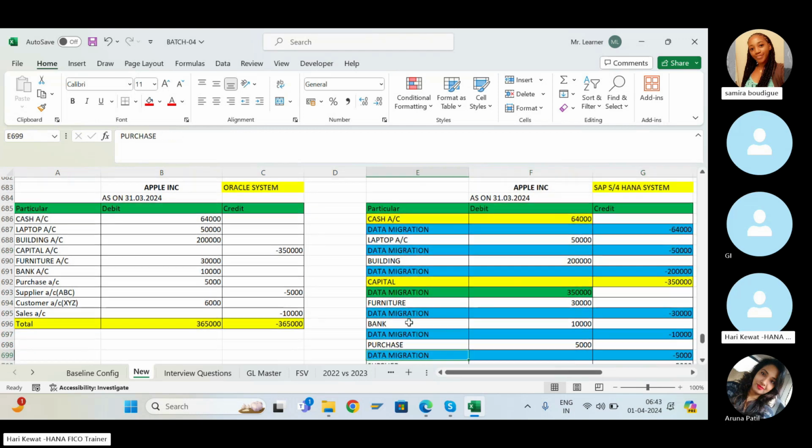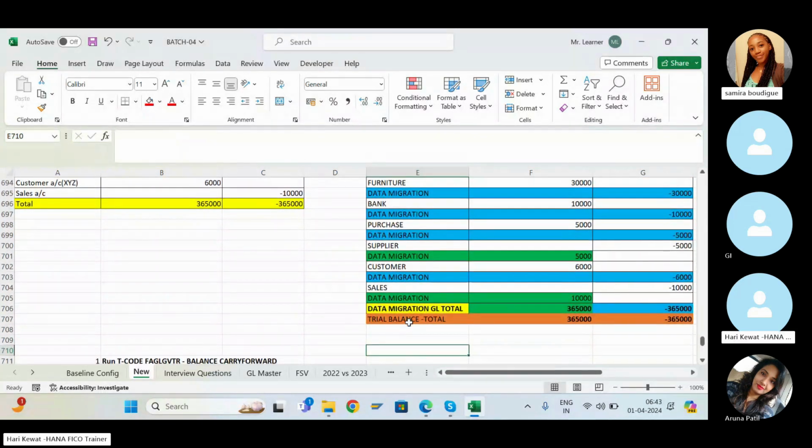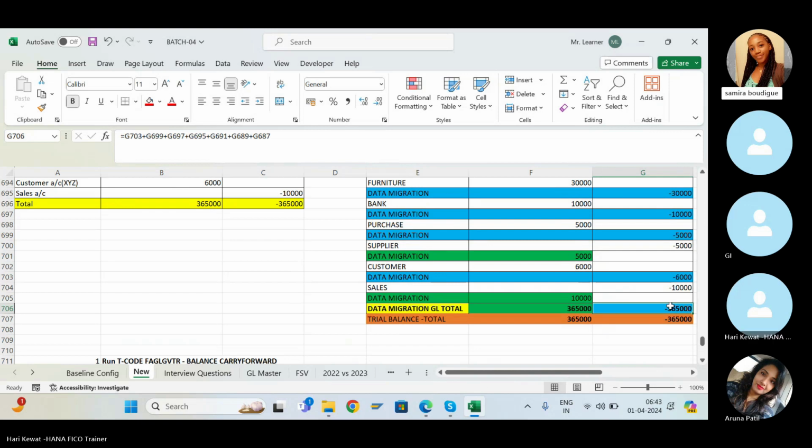Likewise, for all these items, I have to do the GL journal entry posting. Now, once I post, I have to make sure that my data migration GL balance debit and credit are matching. That is the first point. When I added the data migration GL balance, I found this much debit and this much credit.